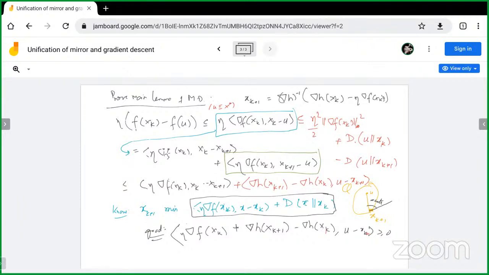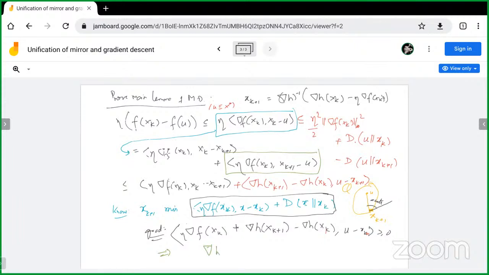Yeah. And in fact, now one can say, okay, so I think this is equal to saying, oh, I just rewrite this so it looks nicer. So I claim that this is equivalent to saying that the gradient of f, the gradient of h, I mean, of the Bregman divergence actually.